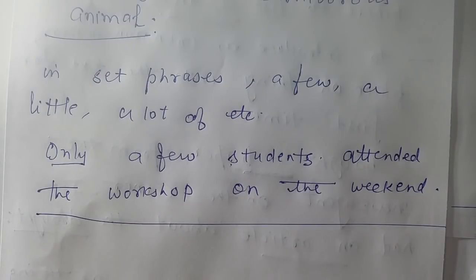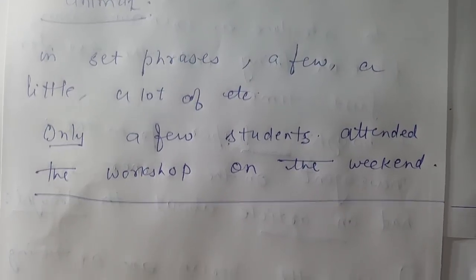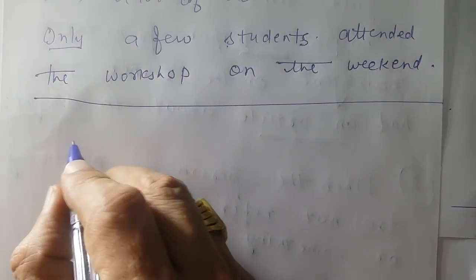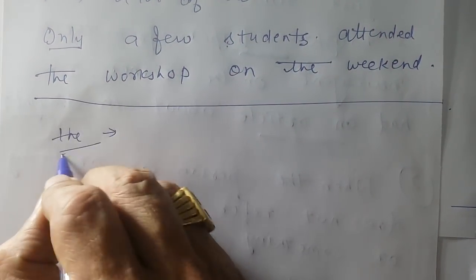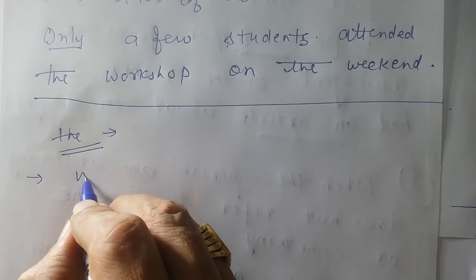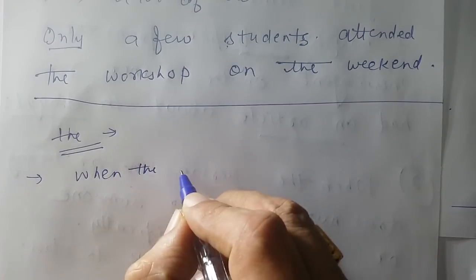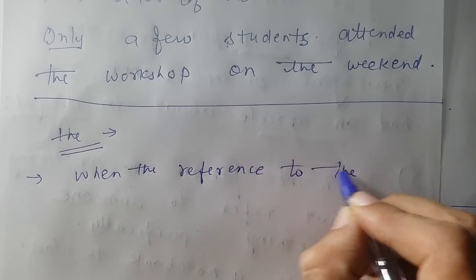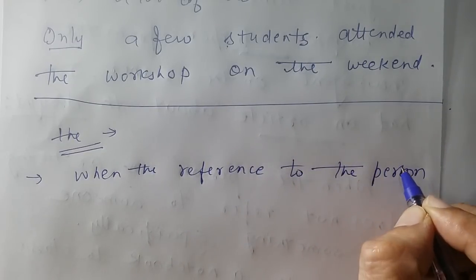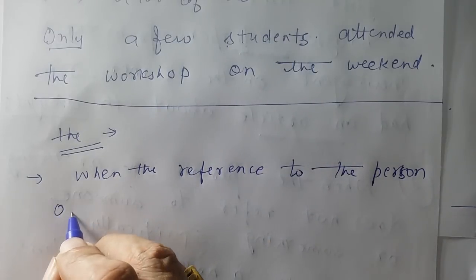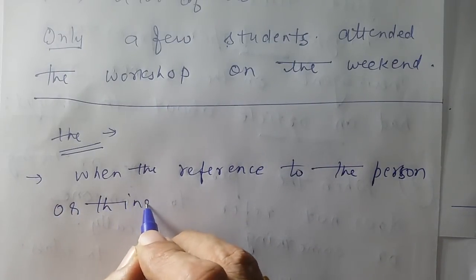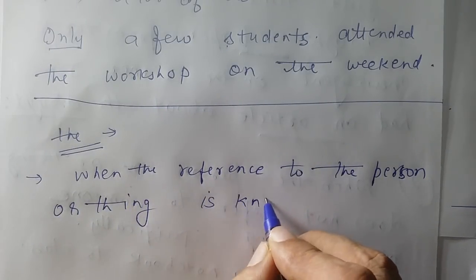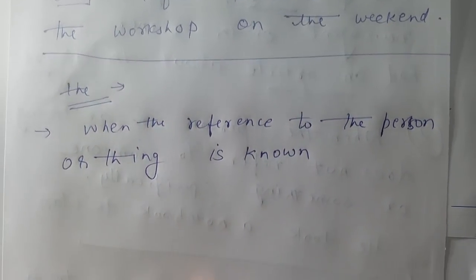Now let's go to how to use the. There I told you one thing in my first example, when the thing or person is unknown. So here, this is my use of the. When the reference to the person or thing is known.